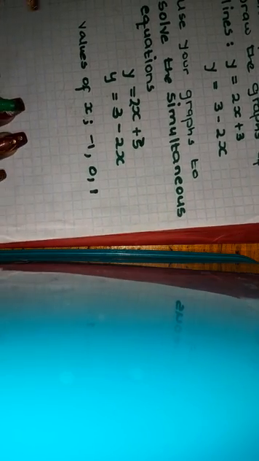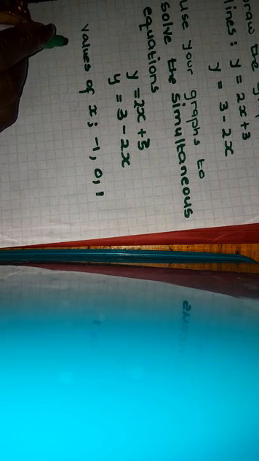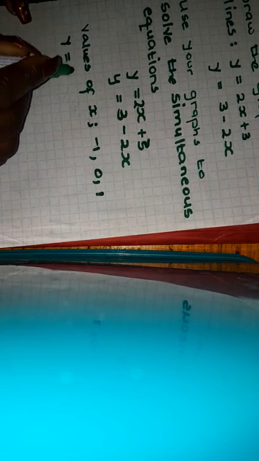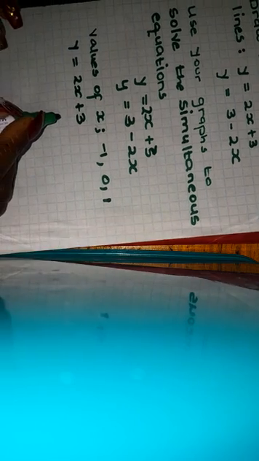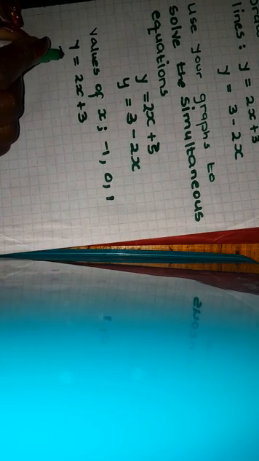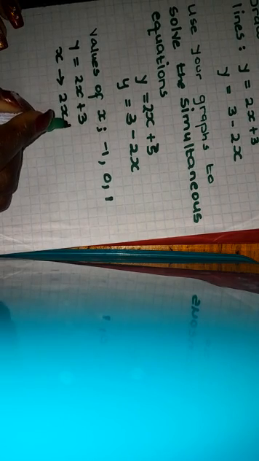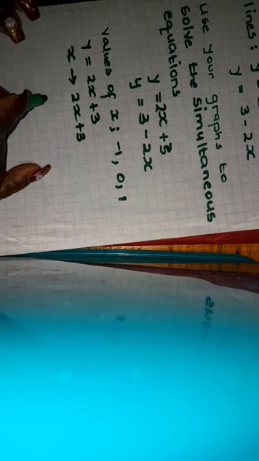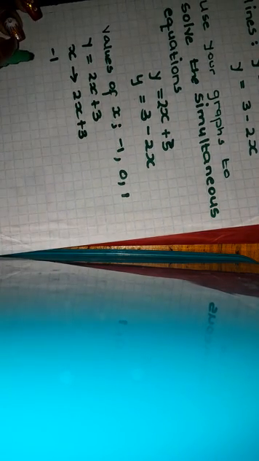So now you're going to write the first equation, which is y is equal to 2x plus 3. Write this as a mapping. You remember mappings? X maps onto 2x plus 3. Where there is x, put the values of x.